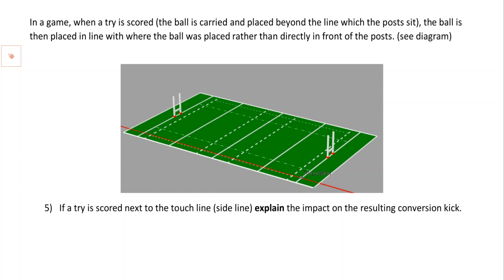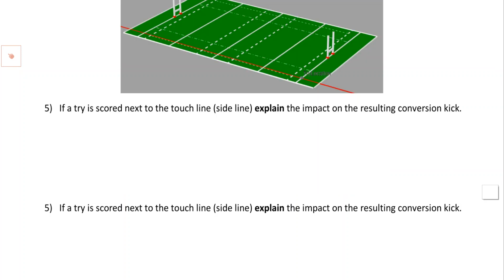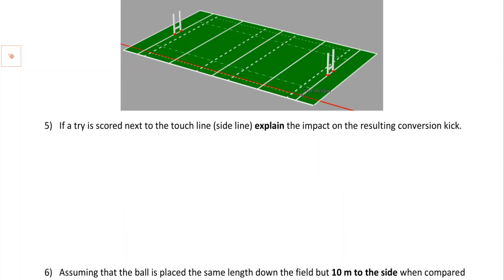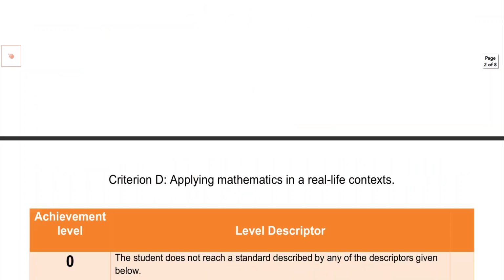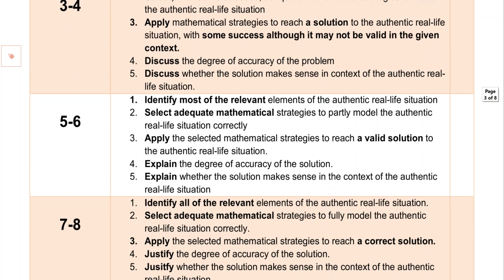No? If a try is scored next to the touchline, explain the impact. So this was your chance to really get lots of things to be said. Anything that's relevant gains you credit and marks in criterion D. Because criterion D, if you look at it, says identify most or identify all of the relevant elements.